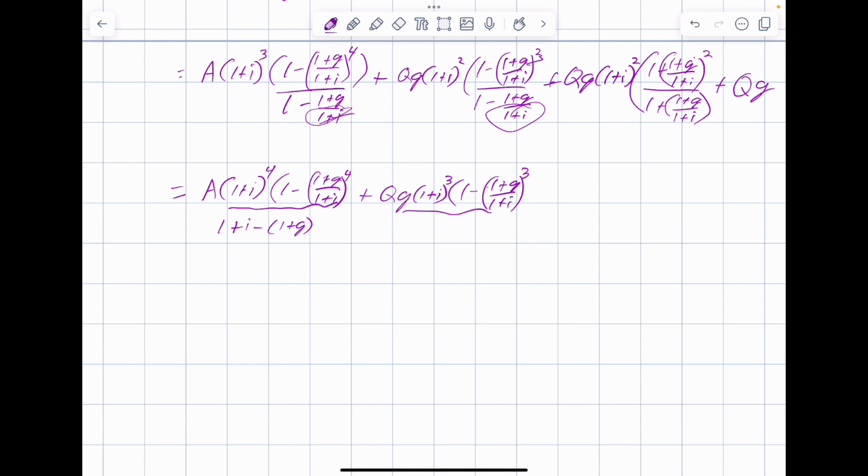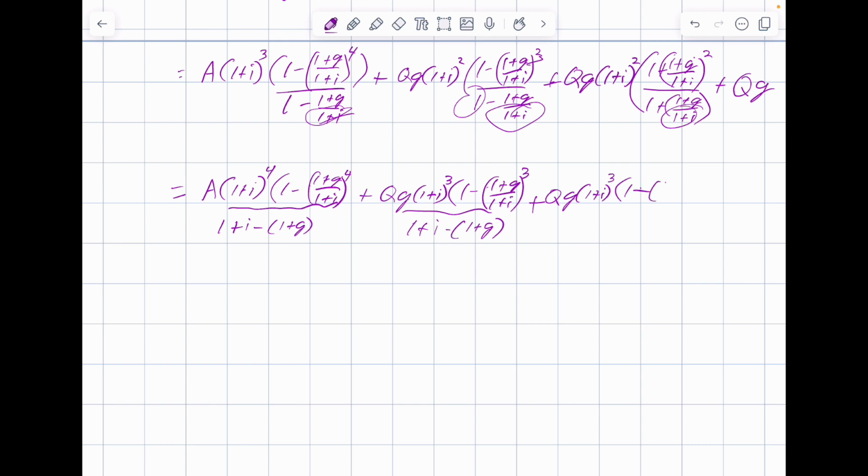And the denominator will be 1 plus I times that 1 minus 1 plus g. And we'll multiply this term by 1 plus I, giving us qg 1 plus I to the third.